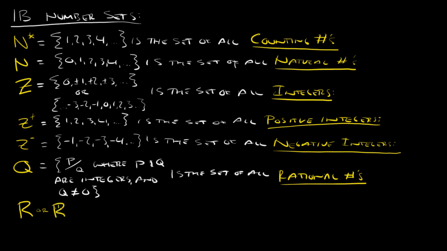and again, you may sometimes see this as the big R with an extra line through it, kind of like the paragraph symbol. And basically, this is the set of all numbers that can be placed on the number line.